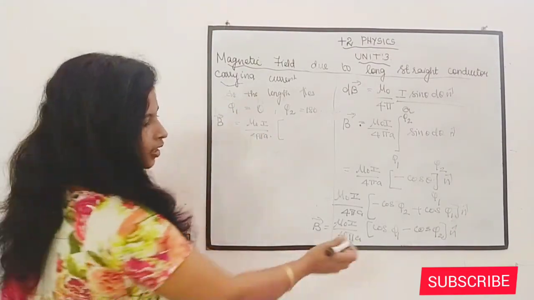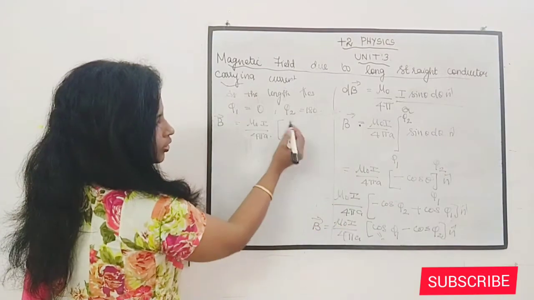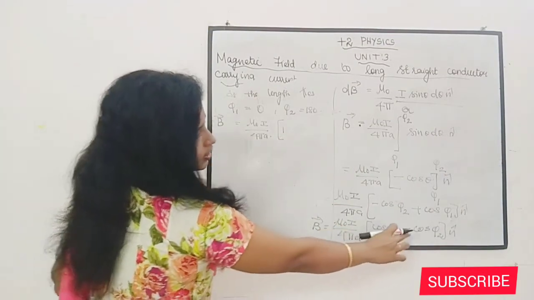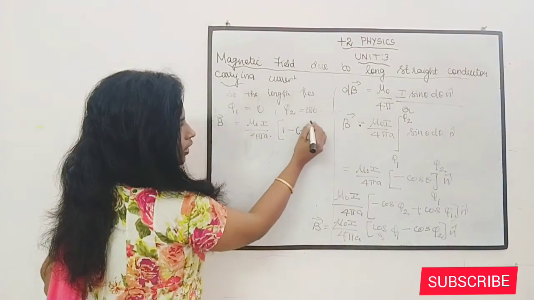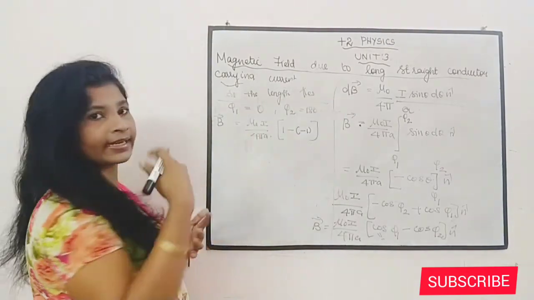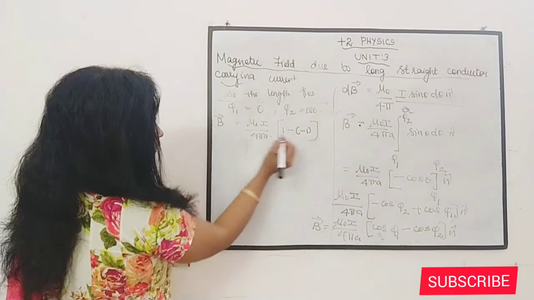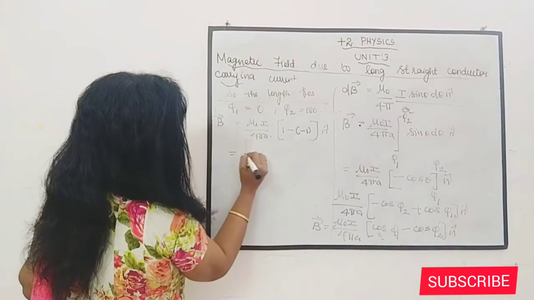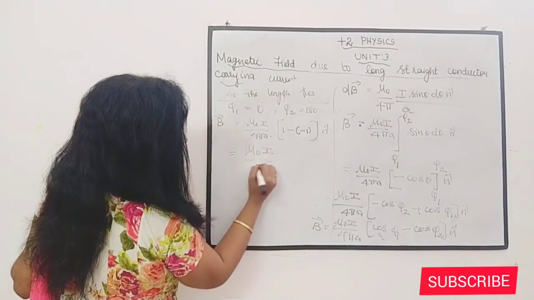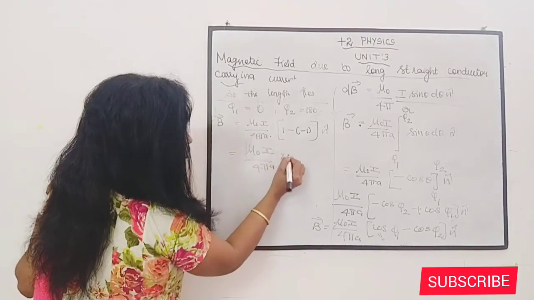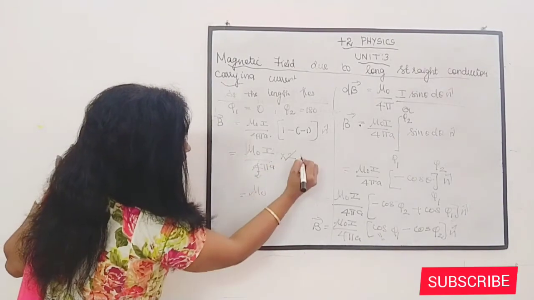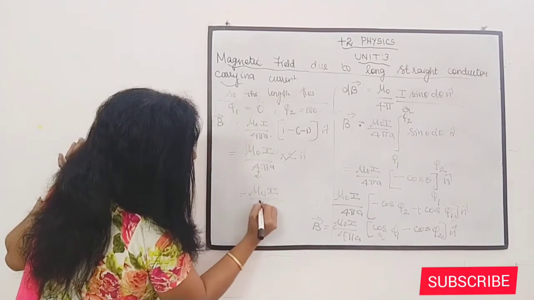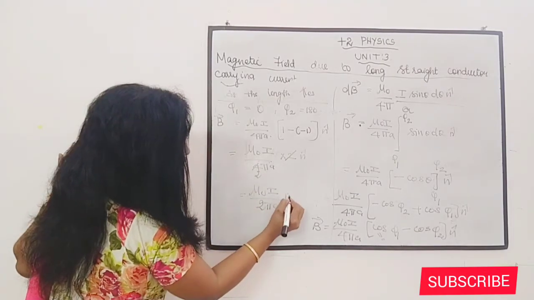Substitute these values here. Cos 0 is equal to 1. What is cos 180? It is minus 1, so minus of minus 1. As the length of the conductor increases, what about my value? Here n cap is there. Mu naught I by 4 pi a into 2. Cancel these two terms, we get mu naught I by 2 pi a into n cap.